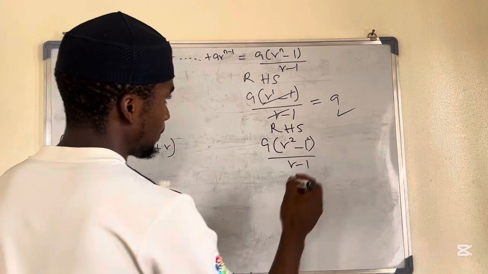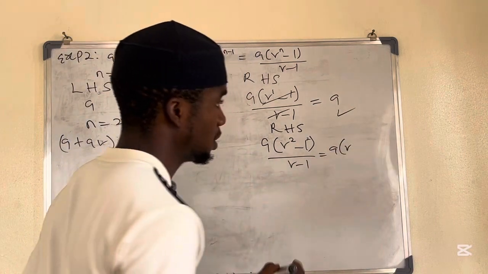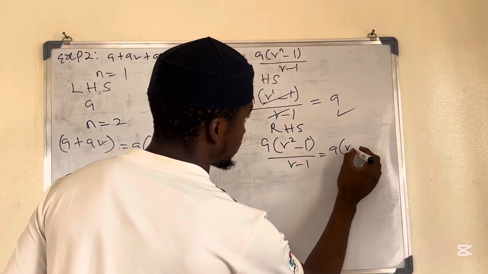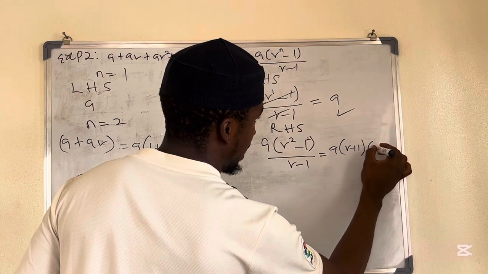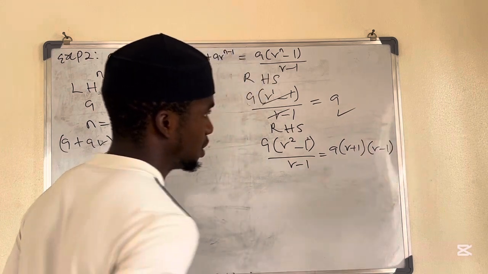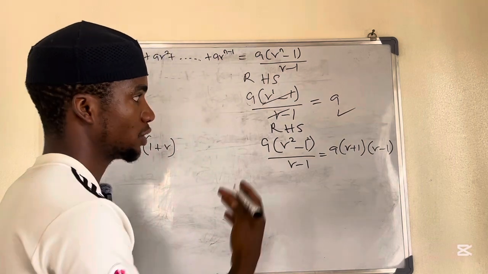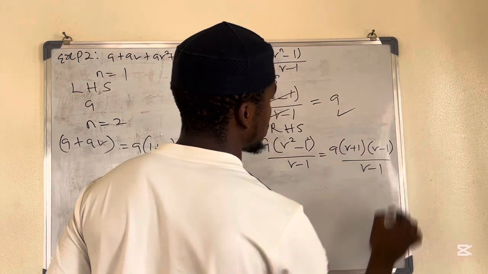So a into r squared minus 1 squared, you're going to have what? The two numbers. The first is going to be r plus 1, and r minus 1. This is how difference of 2 squares works. Then all over r minus 1.